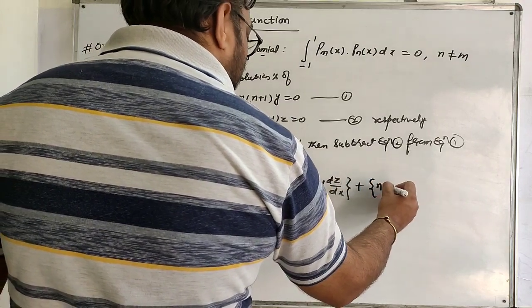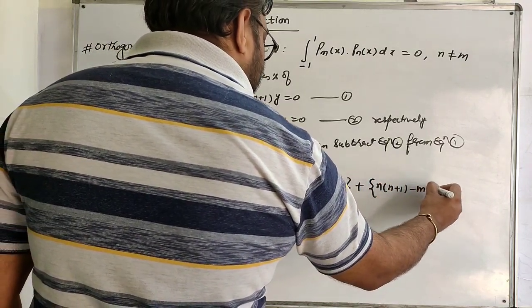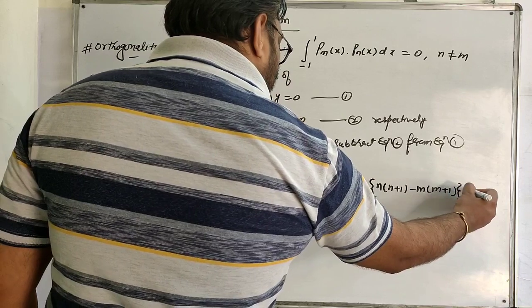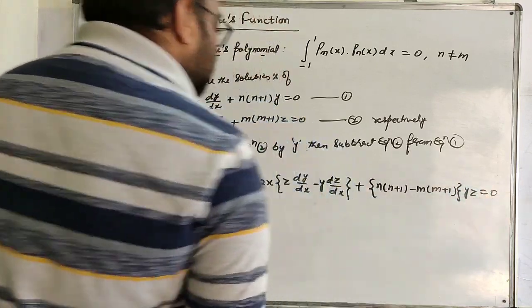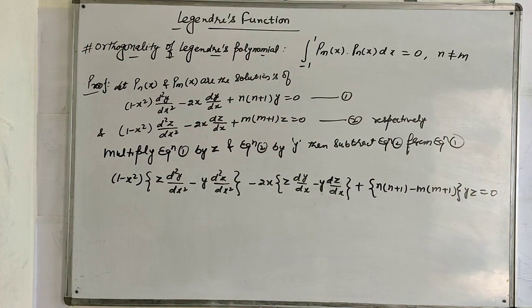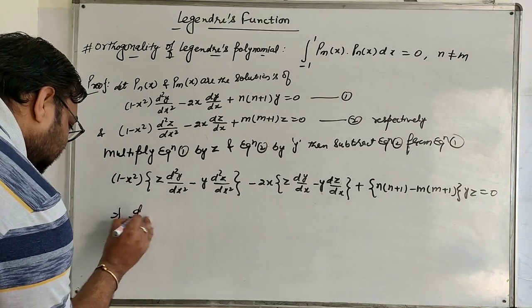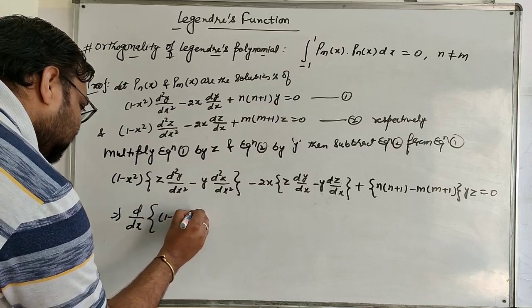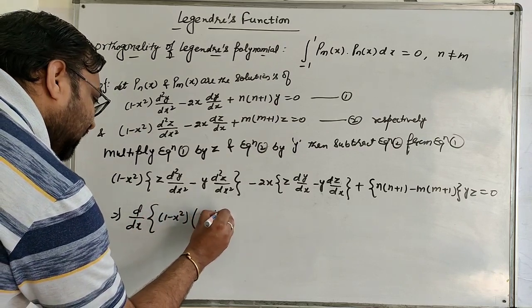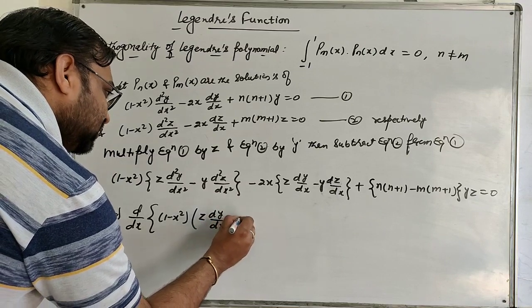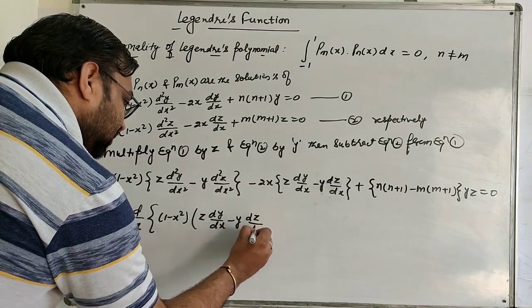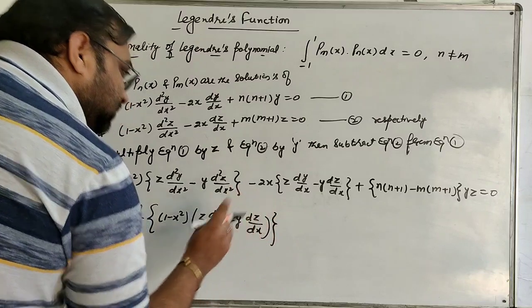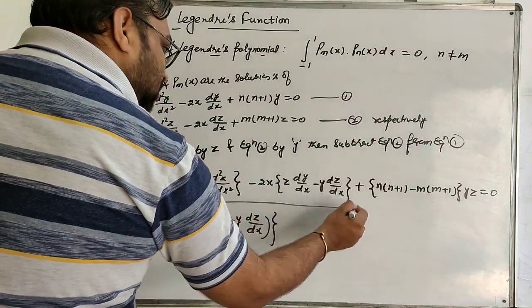So n into (n plus 1) minus m into (m plus 1) yz is equal to 0. Or we can write it as d upon dx of (1 minus x square) (z dy over dx minus y dz over dx).